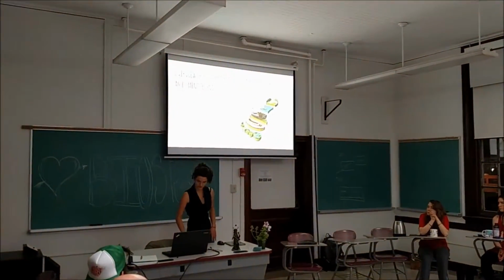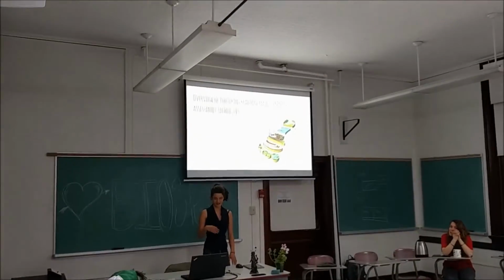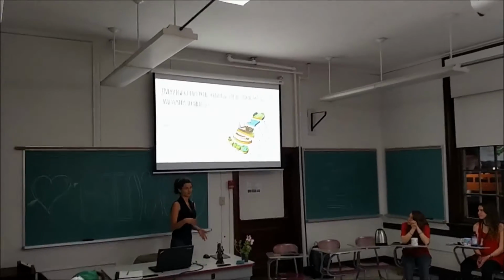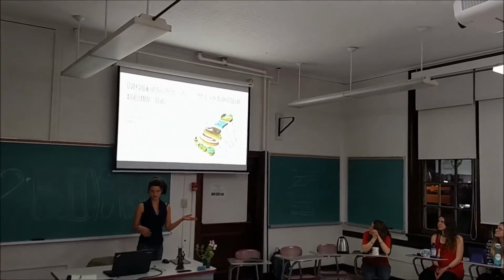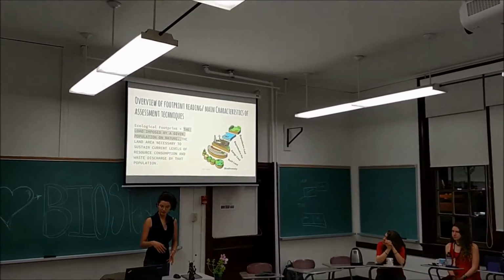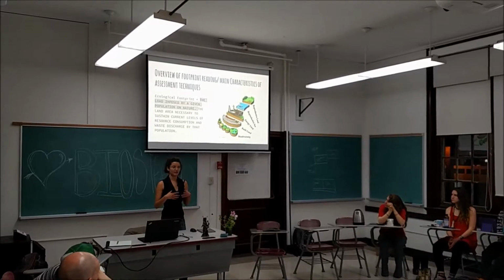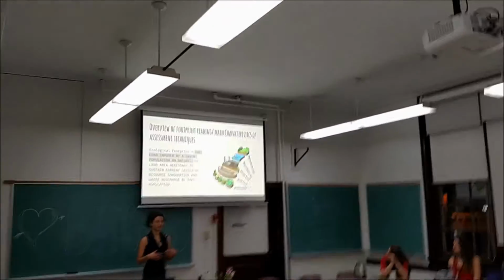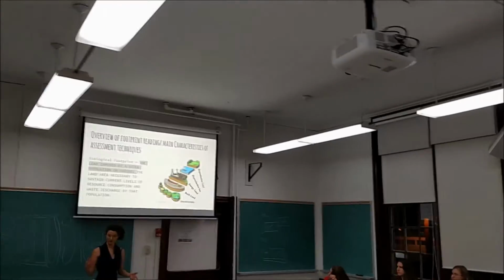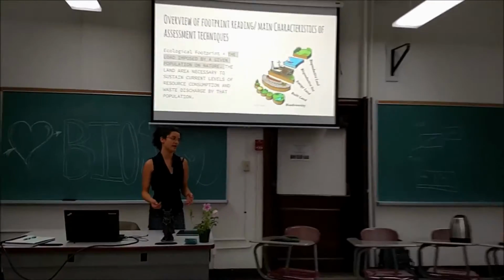So first off, an overview. A definition of an ecological footprint as defined by them is the load that is imposed by a given population on nature. So it is the amount of land area that's necessary for sustaining current levels of resource consumption and the waste discharged by a population.